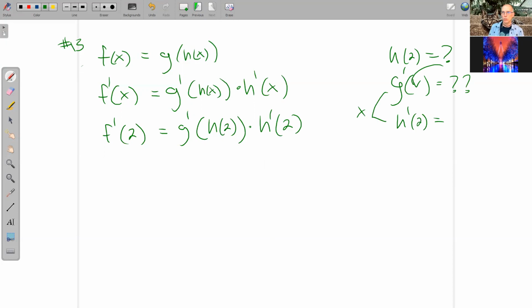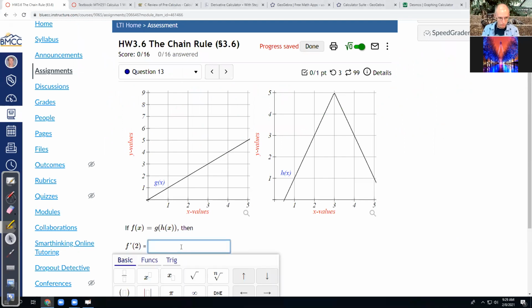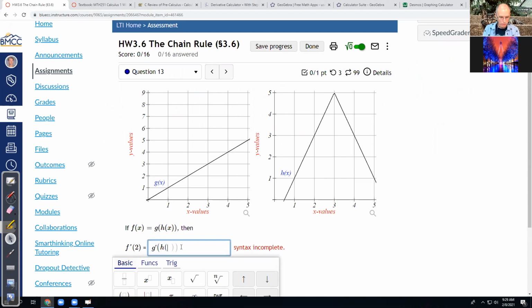So let's go over here. I'm going to write my formula first, and then we'll clean it up. So this is equal to g prime of h of 2, according to my third line of work there, and then I need to multiply that by h prime of 2. All right, so first, what is h of 2?